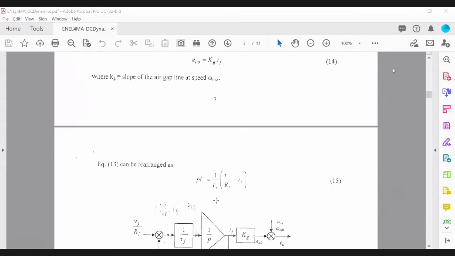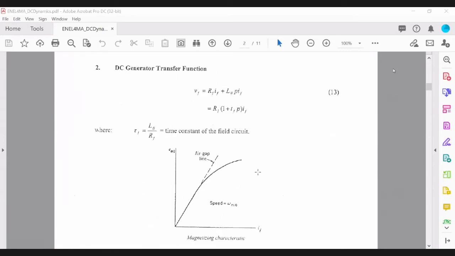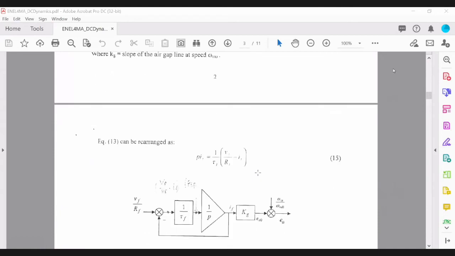Right, so equation 13 that we've written here can be rearranged, as you can see here. I'm sorry that the subscripts are not very well shown, but I will just confirm those variables with you.